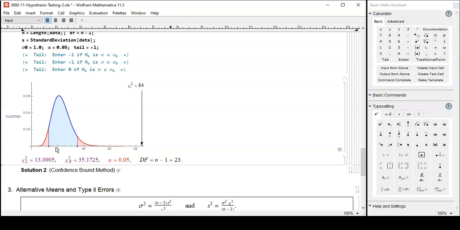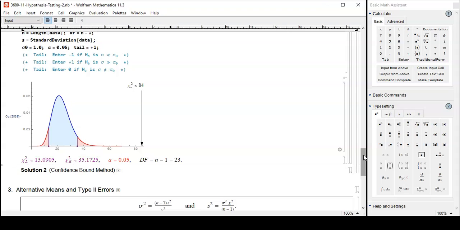The chi-square value associated with the critical value is 35 point something here. And the chi-square value that you get from the observed sample standard deviation turns out to be 84 something, way, way outside. So reject the null hypothesis and accept the alternative hypothesis. You can clearly see that.